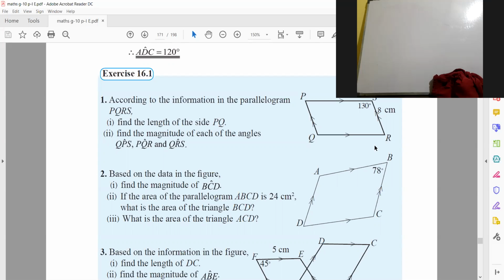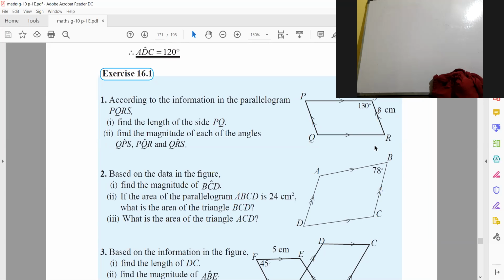Now the first one is this one. Find QPS, right? Now you know the properties. We know that opposite angles are equal in a parallelogram, and therefore this angle is also 130 degrees, right?